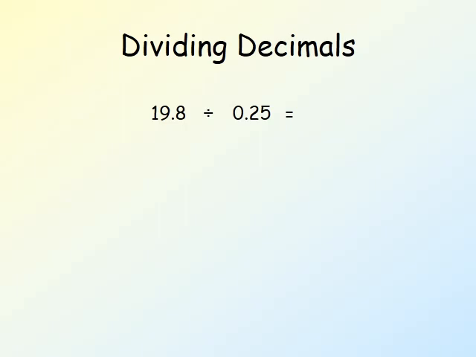Remember, each time we move the decimal point, it is 10 times. So multiplying 19.8 by 100 is 1980, and multiplying 0.25 by 100 is 25.